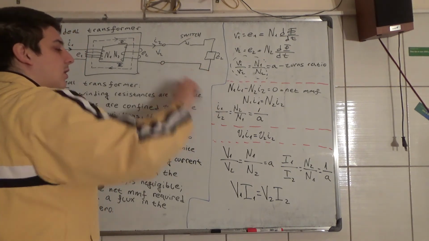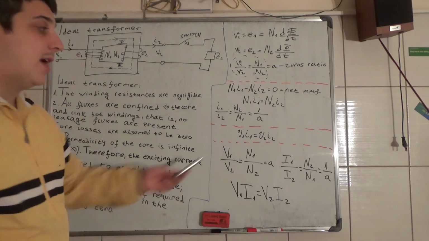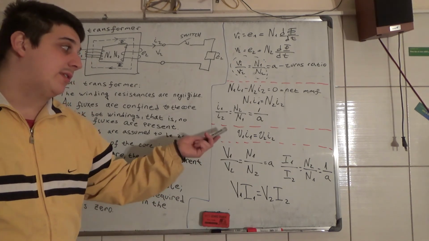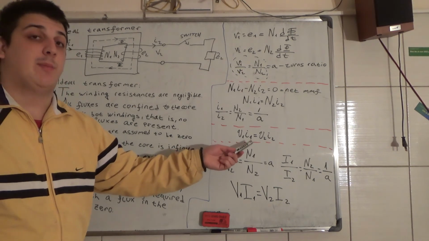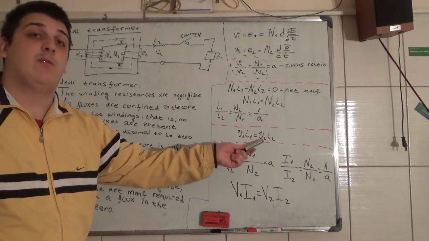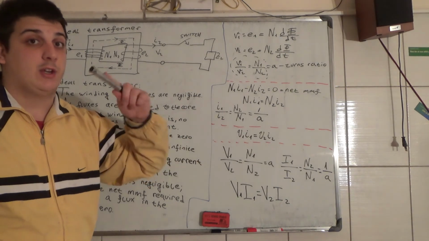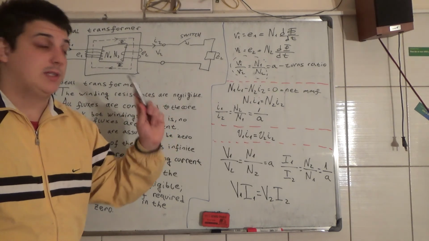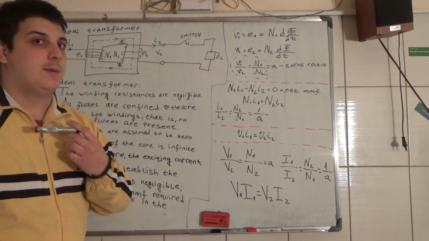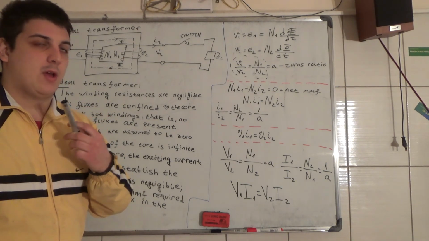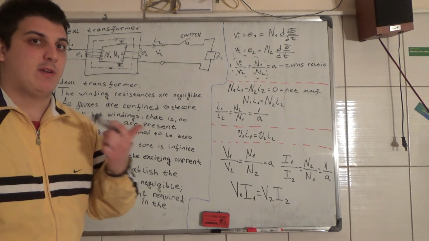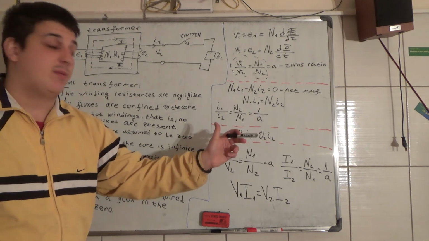And now we have another equation, which is very important: the power input V1 I1 is equal to the power output. In an ideal transformer, there are no power losses, so the power efficiency is 100%.